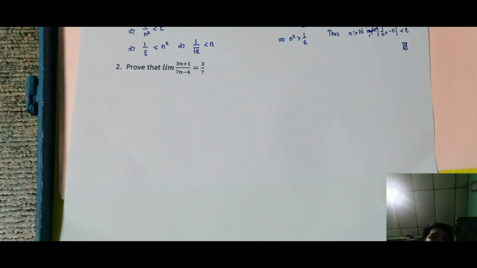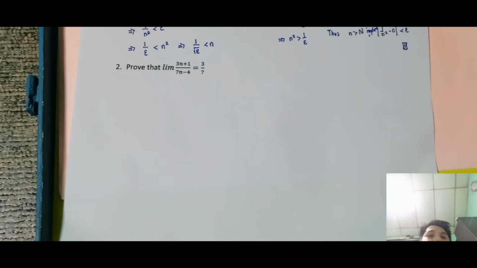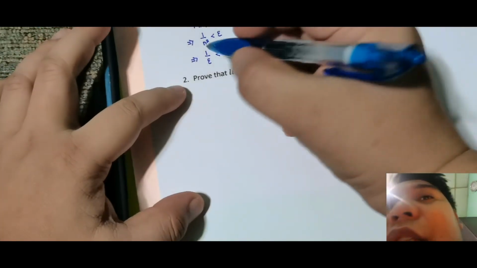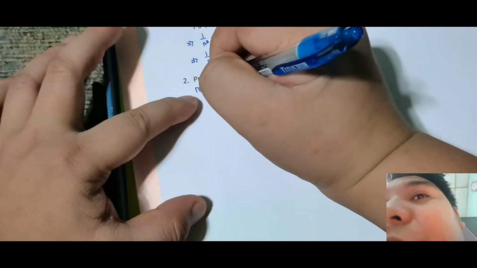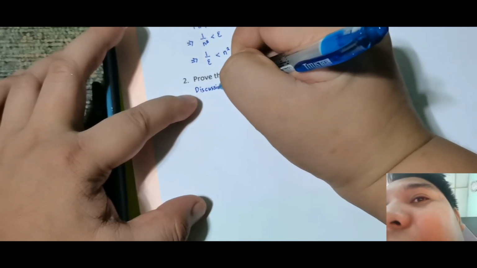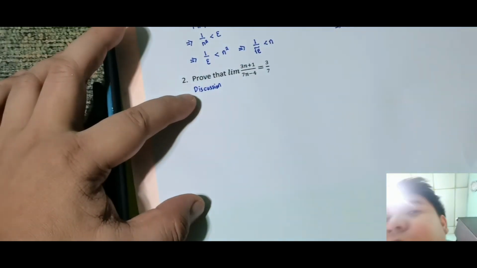Prove that the limit of (3n plus 1) over (7n minus 4) is equal to 3 over 7. Okay, so similar ulit, ganun gagawin natin. So discussion, let epsilon be greater than 0. Hindi ako sure kung tama spelling ng discussion ko.